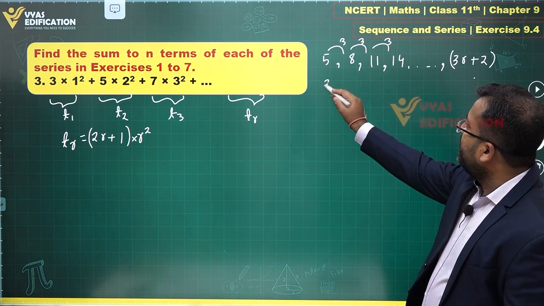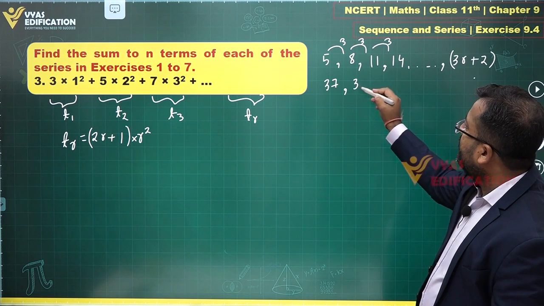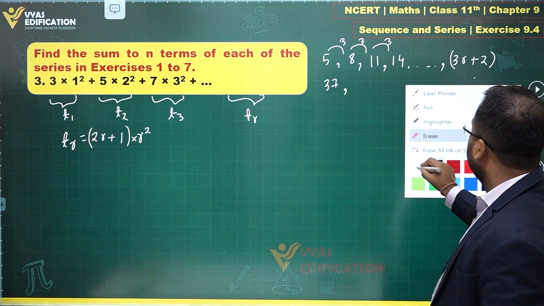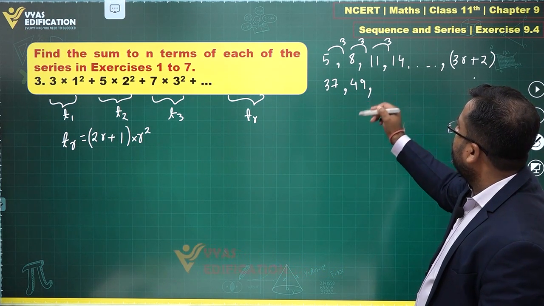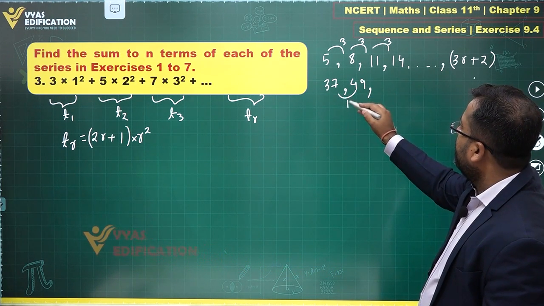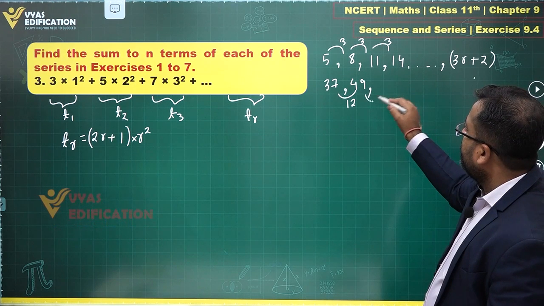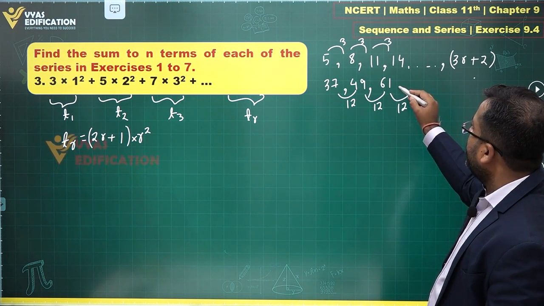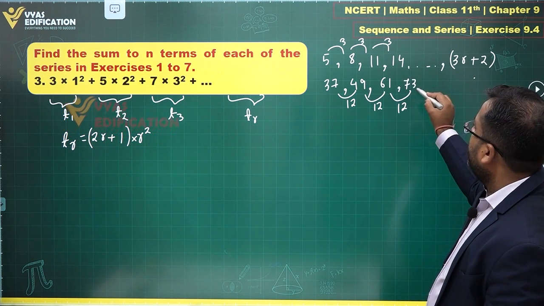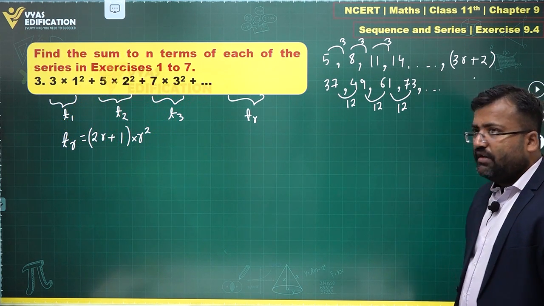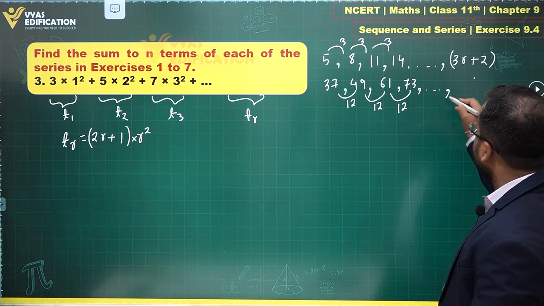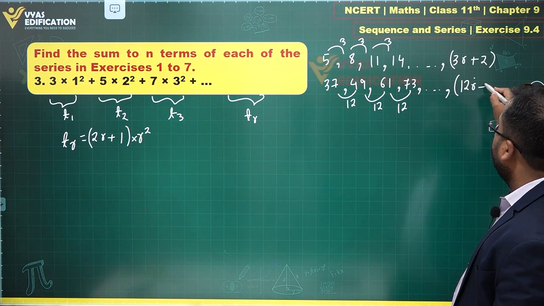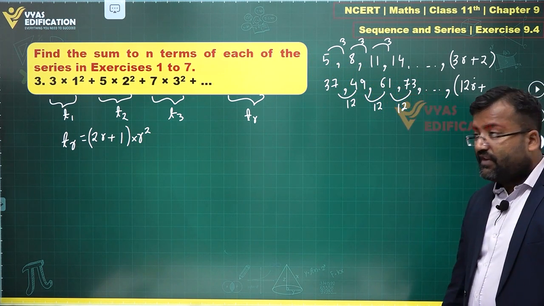For example, 37, and then 49. You add a 12, and then you add another 12, so you get 61. Then you add another 12, you get 73, and so on. So the general term will be 12r plus or minus something.